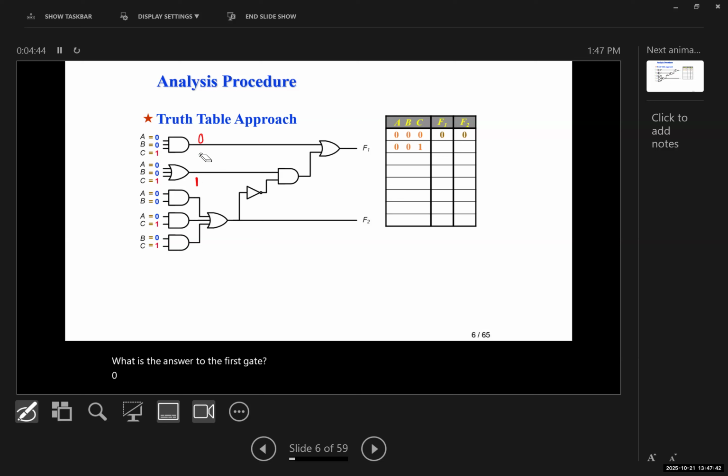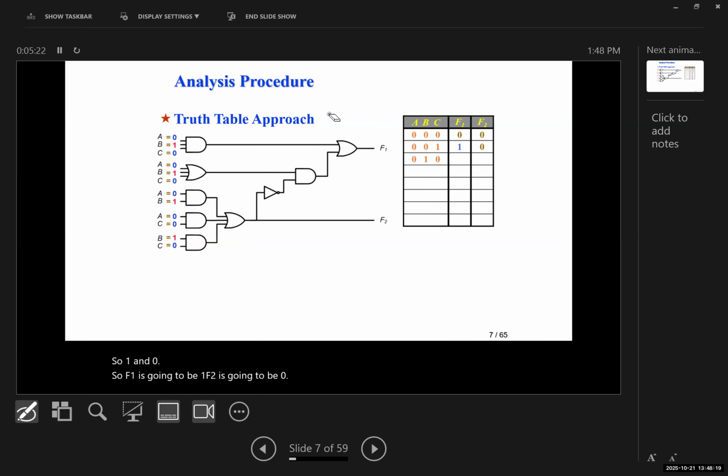Second gate, 1, 0, 0, 0. Am I correct? So this is going to be 0. So F2 is 0. If this is 0, this is going to be 1. 1 and 1 is going to be 1. Am I correct? So F1 would be what? So 1 and 0. So F1 is going to be 1, F2 is going to be 0.